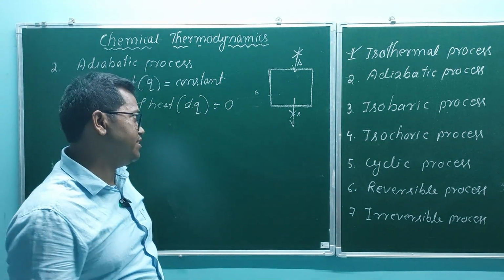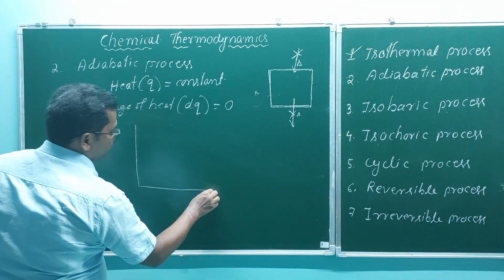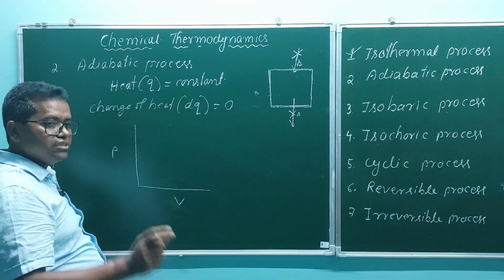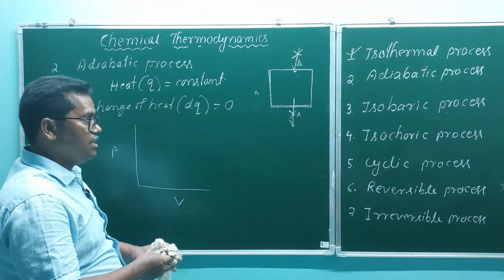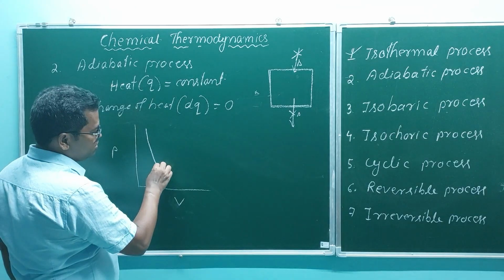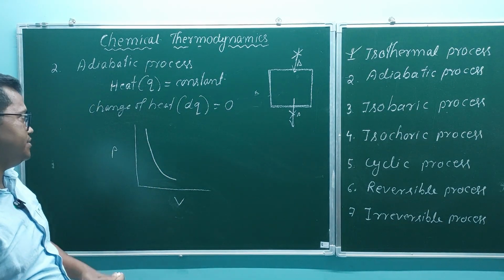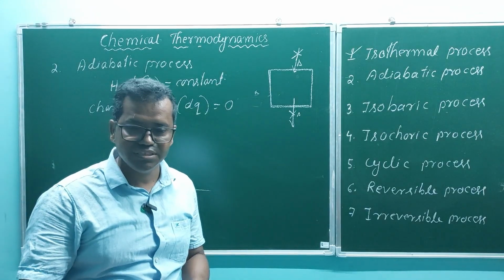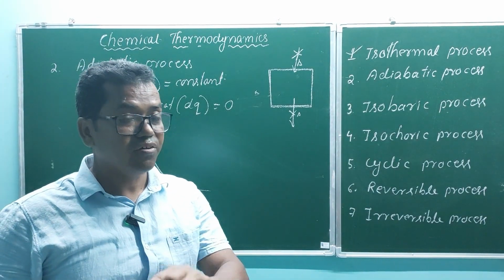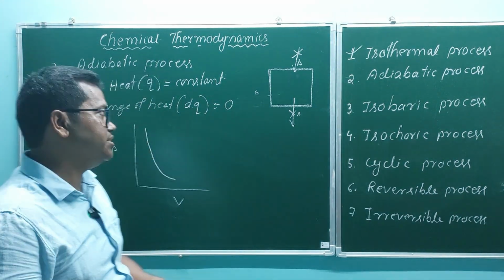This is the basic difference. Now, what will be the nature of the curve on P and V? It is almost the same as that of the isothermal process, but the curve is much steeper than the isothermal one. So what is an adiabatic process? Heat remains constant. That means it cannot enter into the system or go out from the system.